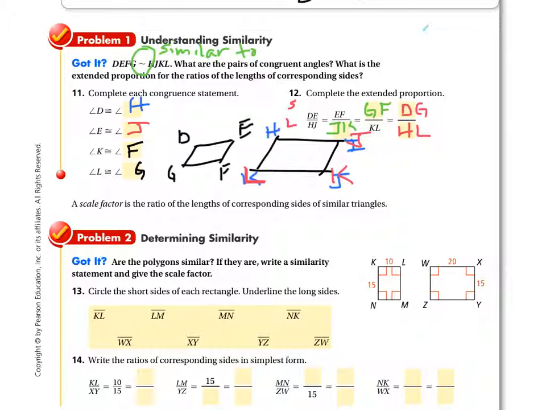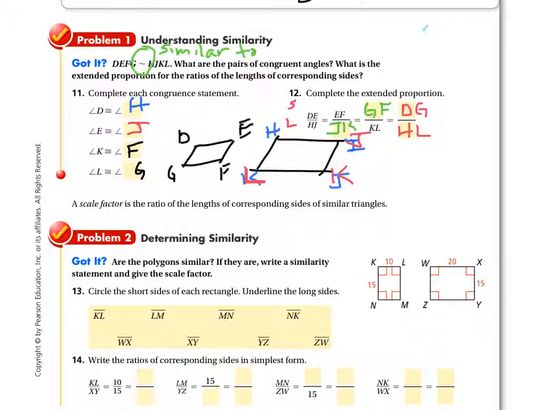So correct me if I'm wrong. Are those your answers? So they kind of waffle back and forth there. In our picture, we let the D, E, F, G be the smaller figure.